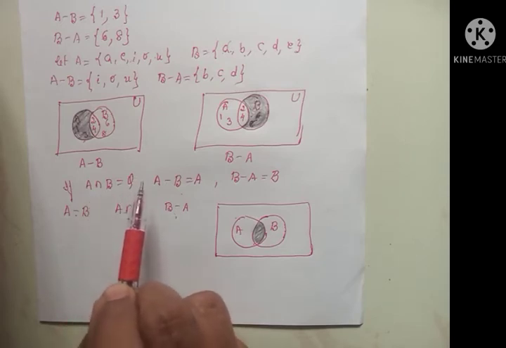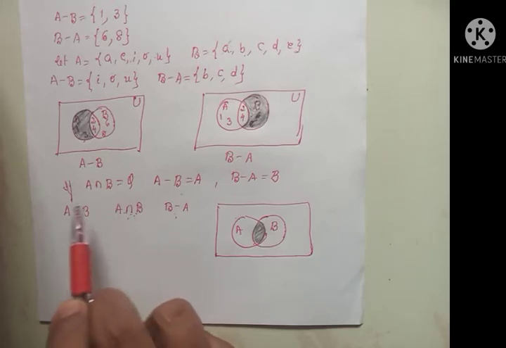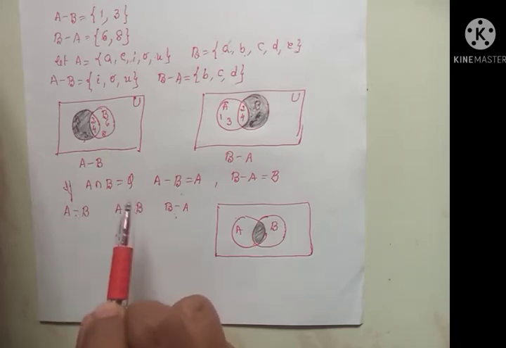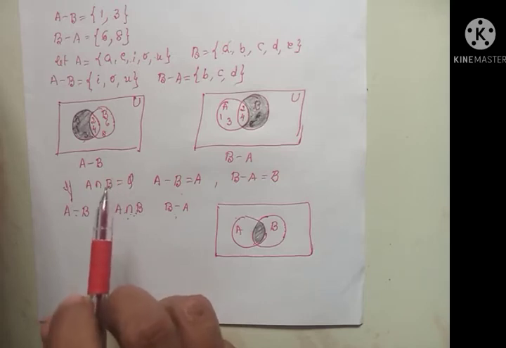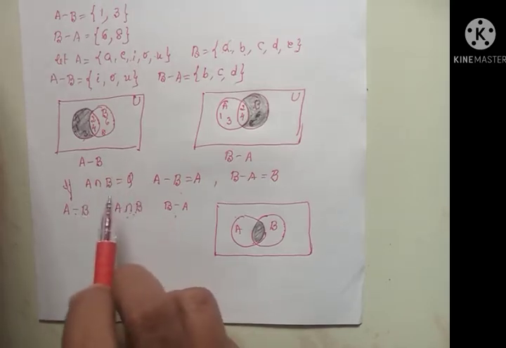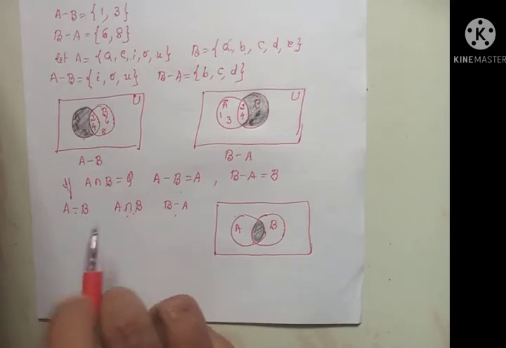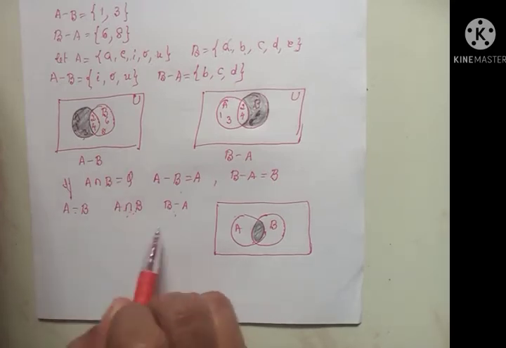The word mutually means if you take the intersection of any two sets, it is empty. For that reason we say mutually disjoint. Okay, so these three are mutually disjoint sets. There is no element common between these three sets.